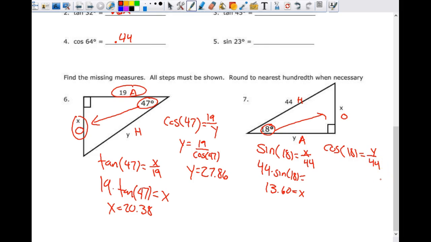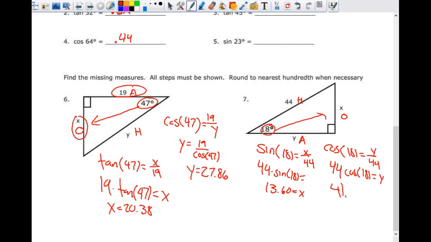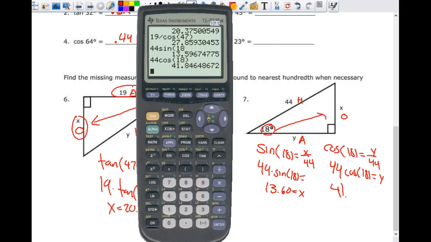Multiply because it's on the bottom. 44 times cosine of 18 is equal to y. Let's plug it in right quick. 44 times cosine 18 is 41 point... It's definitely 85.